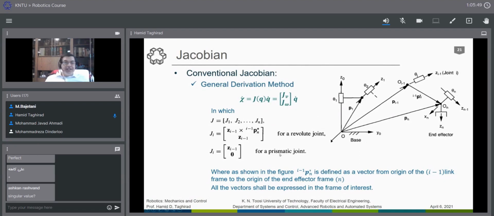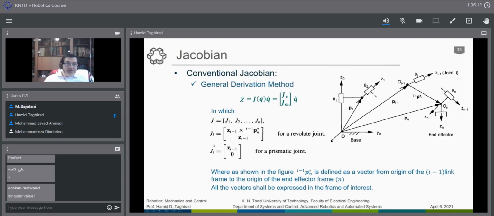If it is prismatic, the Jacobian is very simple. The last three parts are 0, and the first three parts are this vector z(i-1). And it could be, again, represented in any frame. Usually we use the 0 frame or base frame to represent this.